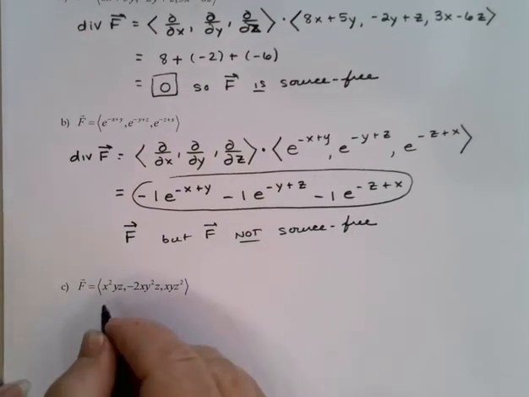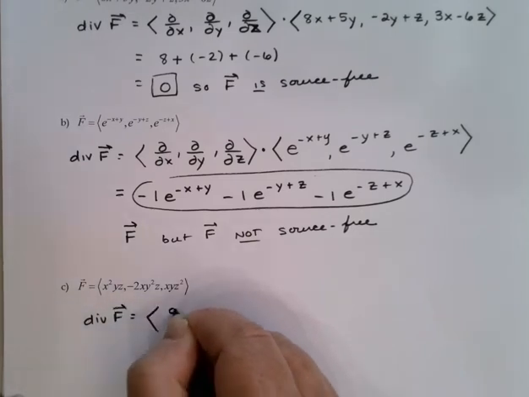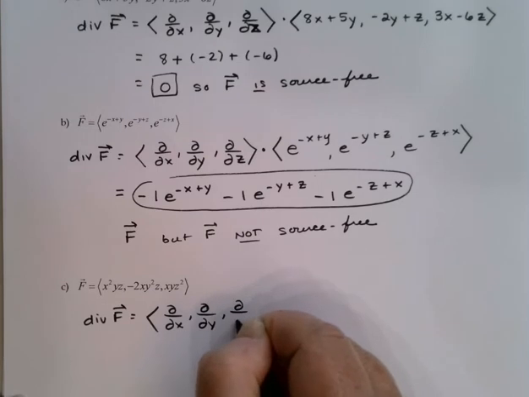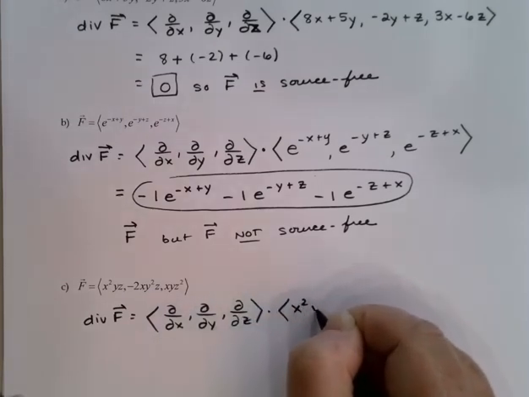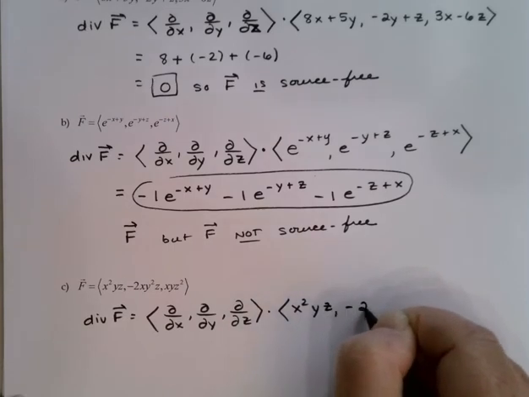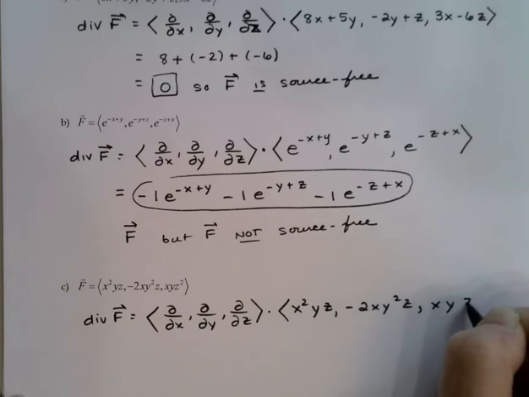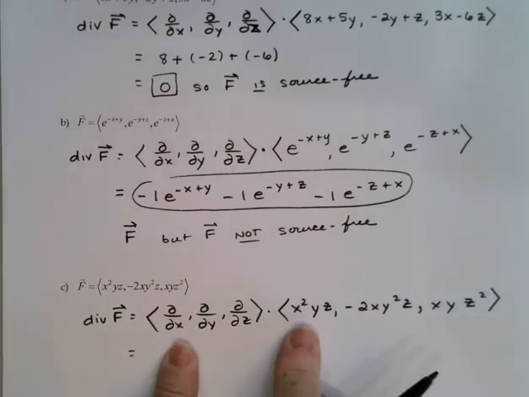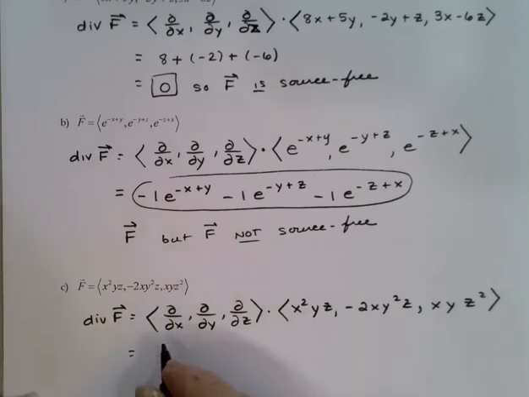All right, one more. Divergence of f, my del operator, dot product with the new vector field, and let's see here, with respect to x, we're going to get a 2x times the constants yz.